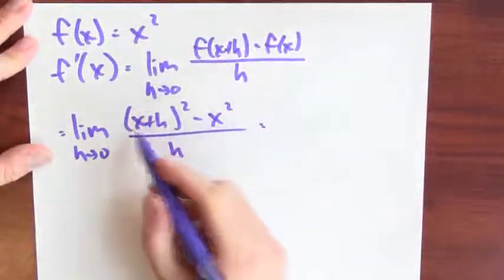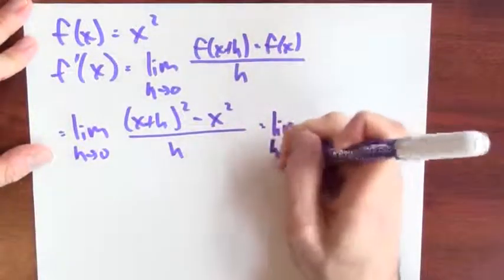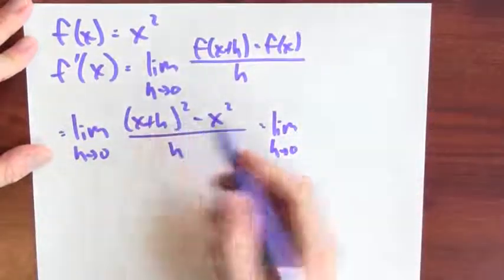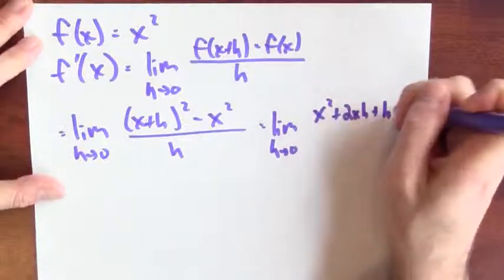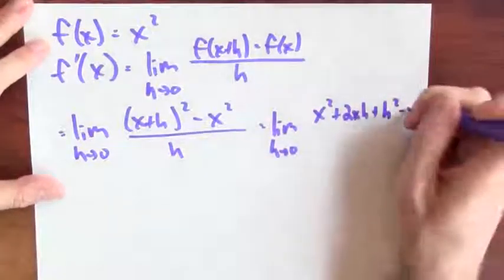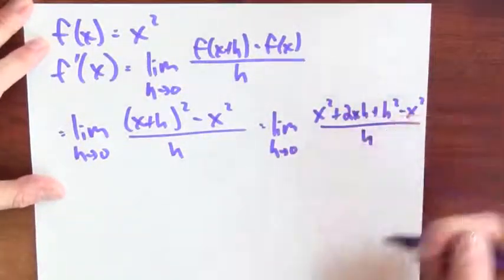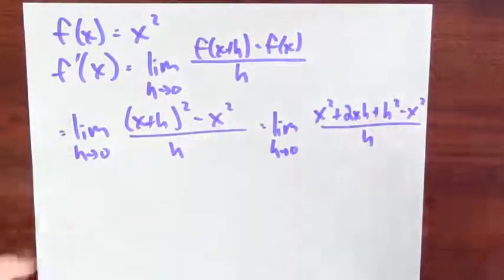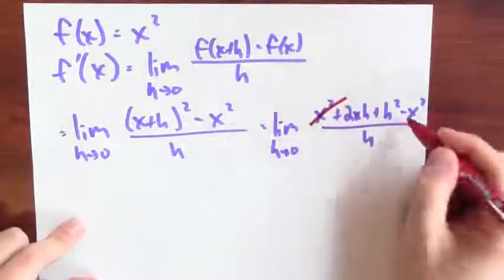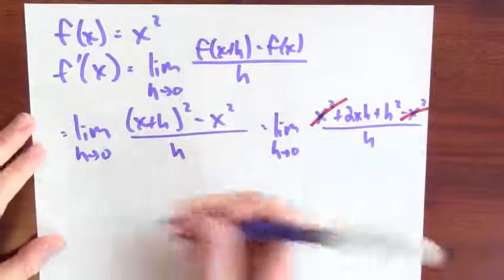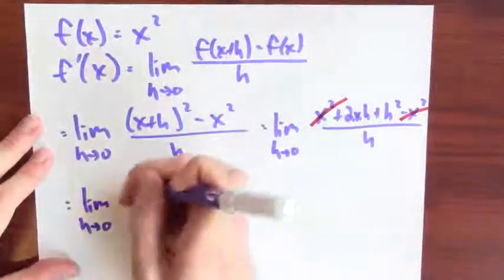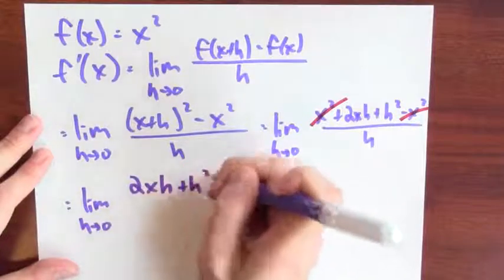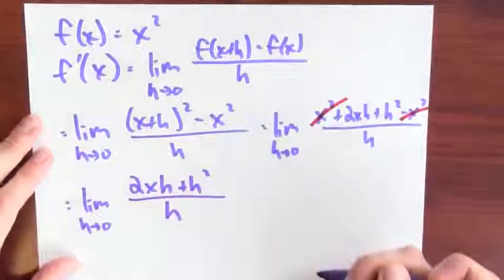Now I can expand this out. This is the limit as h approaches 0 of (x plus h) squared, which is x squared plus 2xh plus h squared, minus x squared, over h. Now I've got an x squared minus x squared, so I can cancel those, and I'm just left with the limit as h approaches 0 of 2xh plus h squared over h.